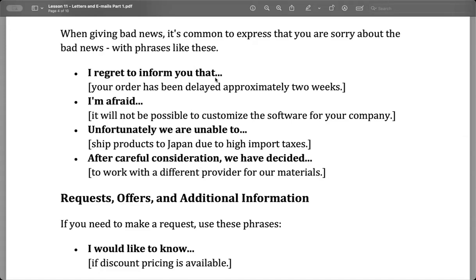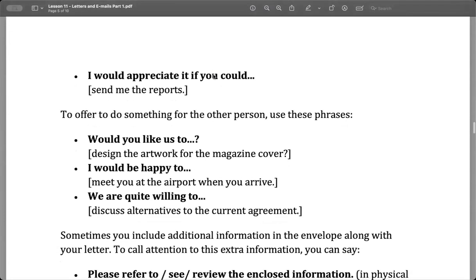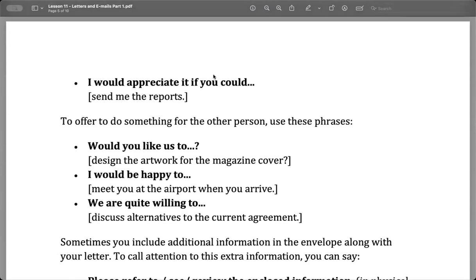I would like to know if discount pricing is available. I would appreciate it if you could send me the report. To offer to do something for the other person, use these phrases.